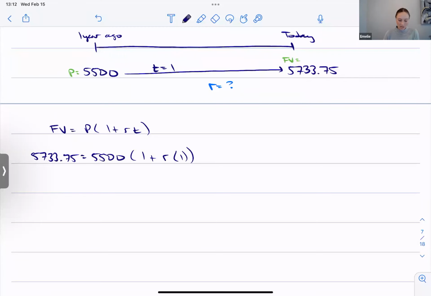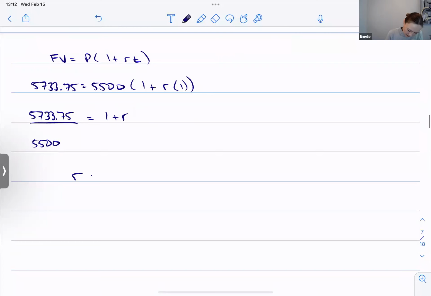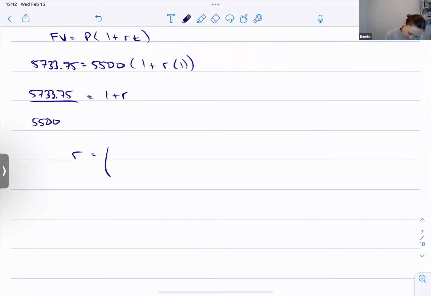Then I get 5,733.75 divided by 5,500 is 1 plus R. To be left with just R, I have to subtract 1 from both sides. I'm going to swing it around so I have R on the left. So R is 5,733.75 divided by 5,500 minus 1.